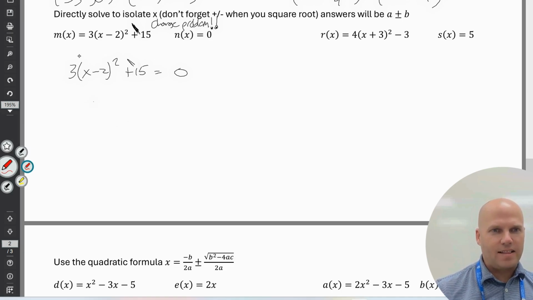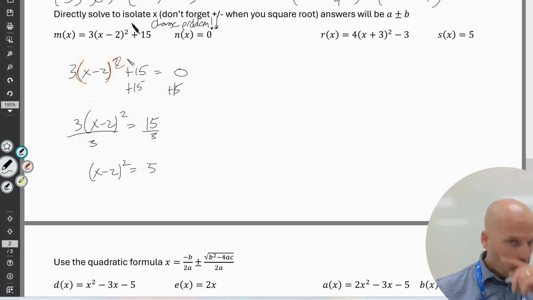I feel like I can get this square by itself by adding 15, by dividing by 3. And watch, I could square root both sides.